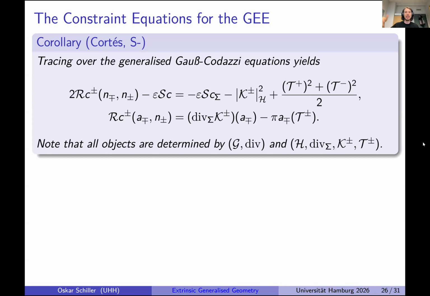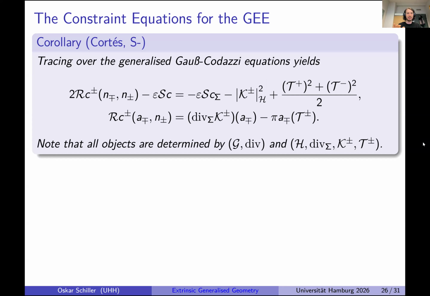There are, of course, more pluses and minuses appearing there, but for example, with the generalized mean curvature, I explained to you that in the physically relevant setting, you actually have that both of these are equal. So this averaging that you have in the first equation over the plus part and the minus part just gives you the generalized mean curvature.